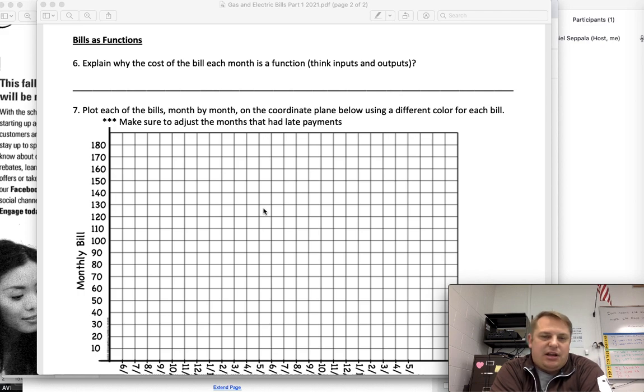If that happens, then it's not a function. The cost of bills is a function because the input we're looking at is really the month that the bill came. I know it's based on how much electricity or gas they used, but in terms of how we're going to graph it, it's the month and year. So for every month, there's only one bill. They don't send you two different bills for the same month. That's what they're driving at there.